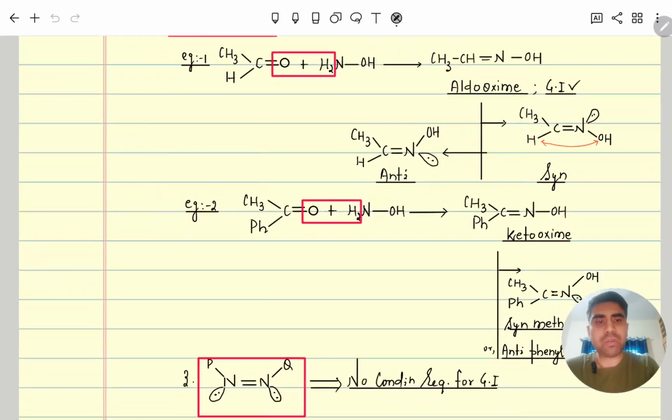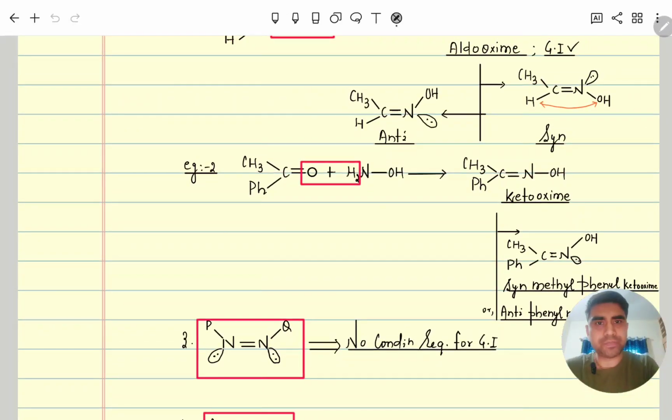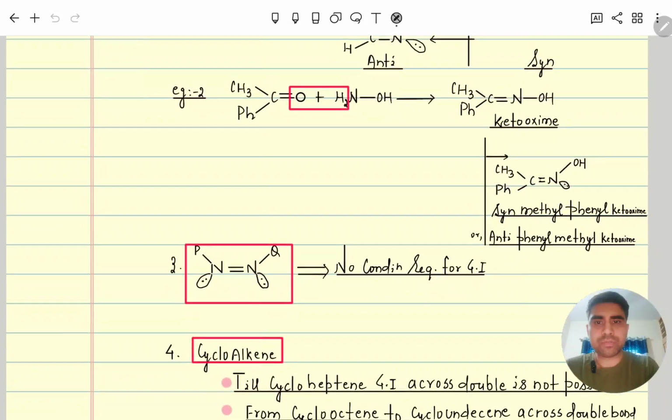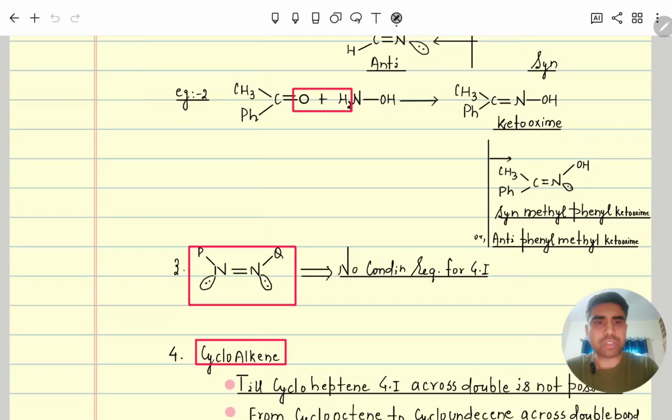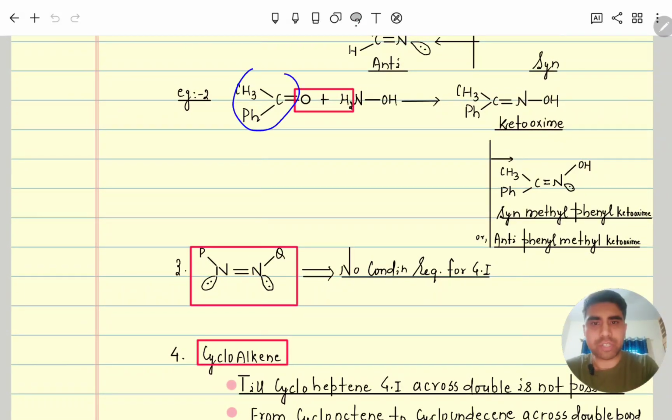For its IUPAC naming, if OH and H are on the same side, then it is syn. And if OH and H are on opposite sides, then it is called anti. Similarly, coming after aldoxime, ketoxime. Here you can see a ketone system combining with oxime, forming a ketoxime.